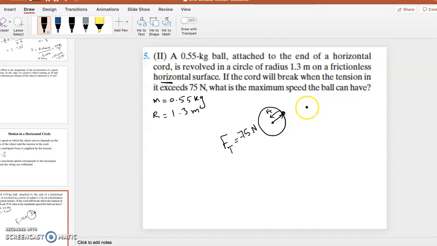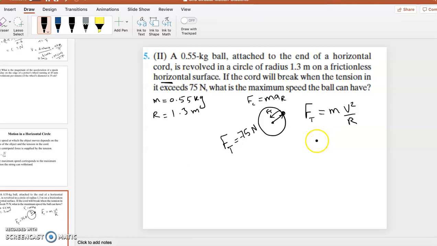If you think about it, the only thing we have is the centripetal force, and this centripetal force here is simply our tension force. This is the centripetal force, which is equal to mv squared over r, because we say that the centripetal force is m times a radial, or a centripetal, which is v squared over r.